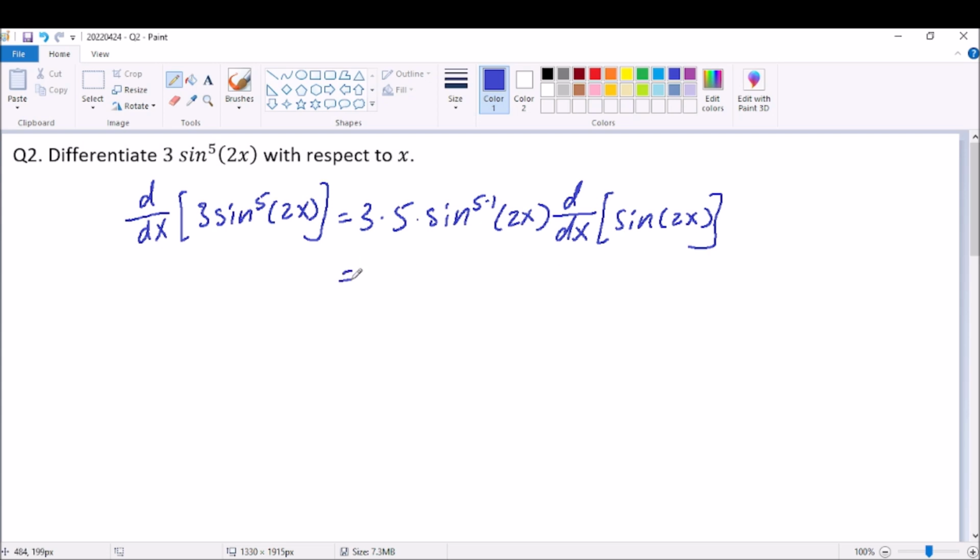So you get 3 times 5, 15 sine to the power 5 minus 1, which is 4, of 2x.